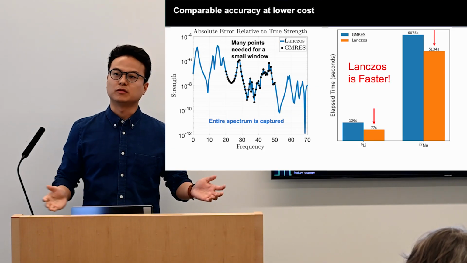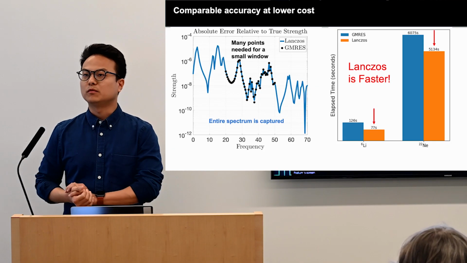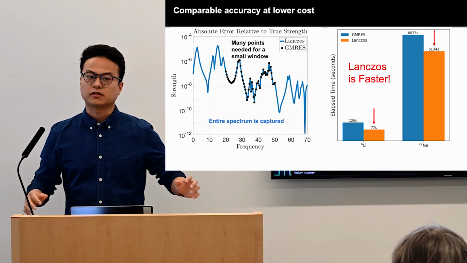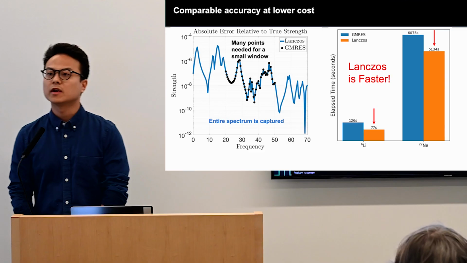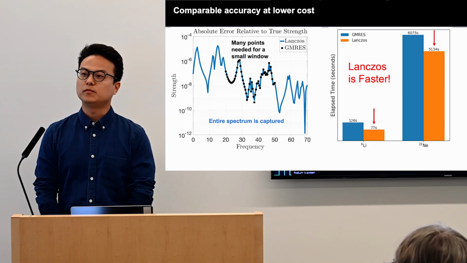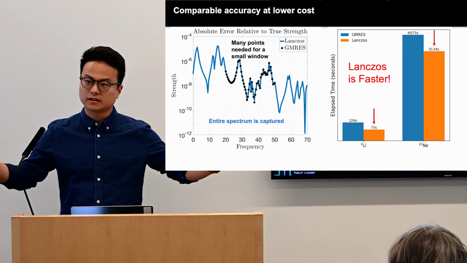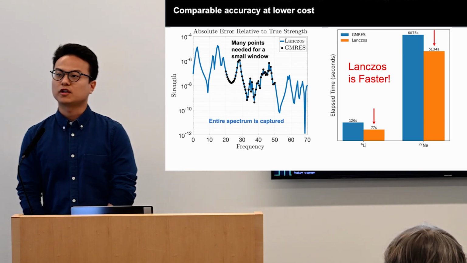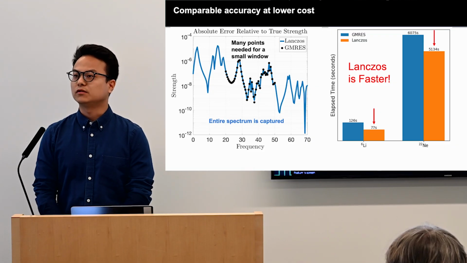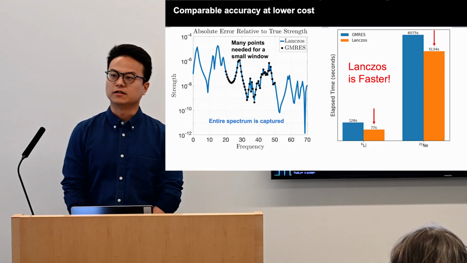And Lanczos is able to match that accuracy while also making really good approximations for the entire spectrum, as you can see. And it does so while being faster. Not only is it more accurate, it's making the entire spectrum approximation in less time for the two nuclei that we looked at, lithium-6 and neon-22.